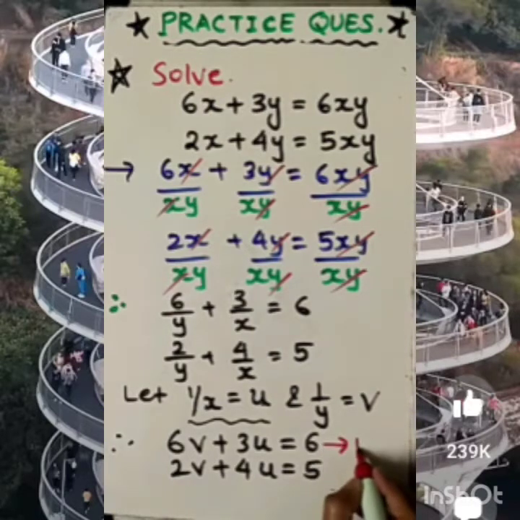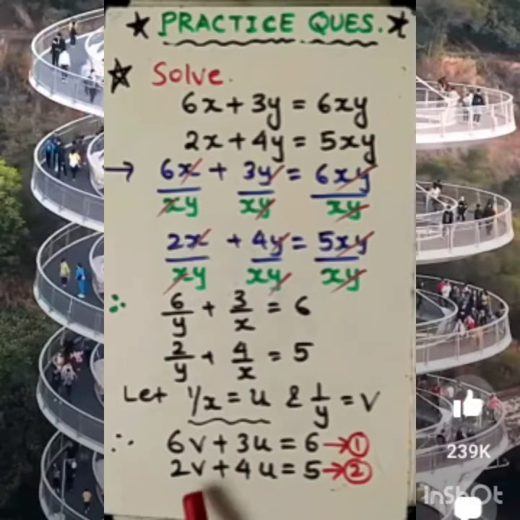Let me call this equation 1 and this equation number 2. Fine. Now we know that we need to multiply. If I want to eliminate v here, then I need to multiply first equation with 1 and second equation with 3. Fine.